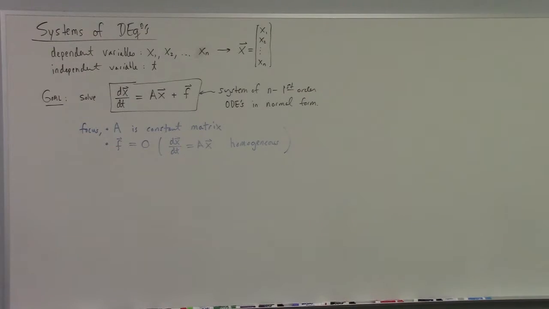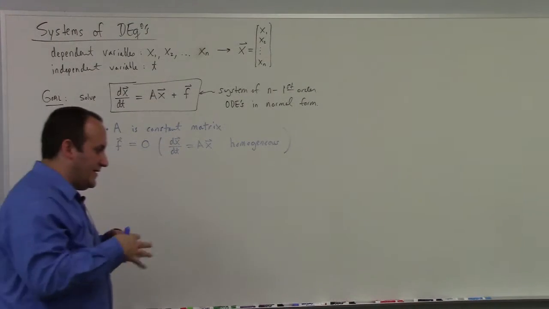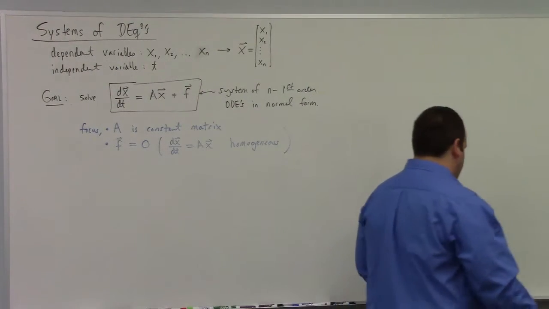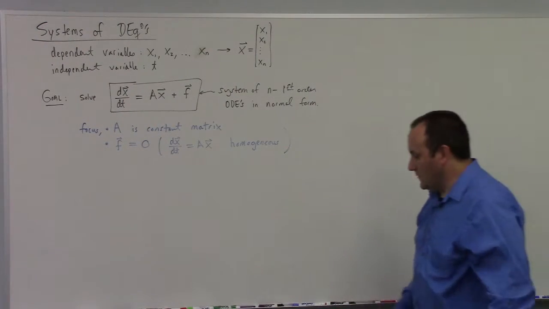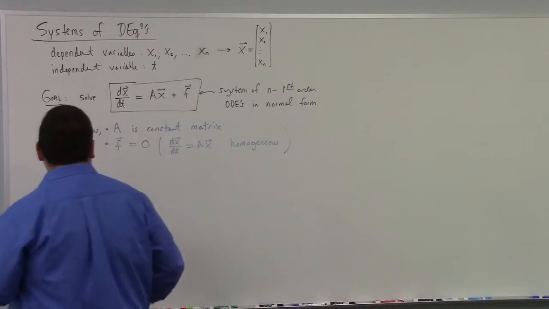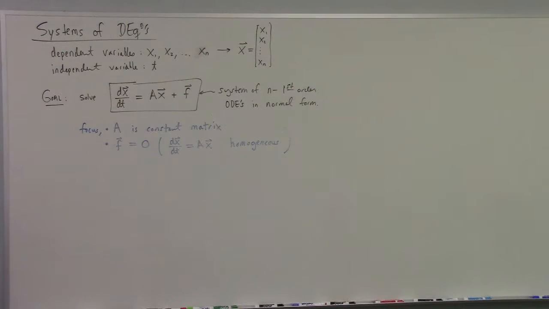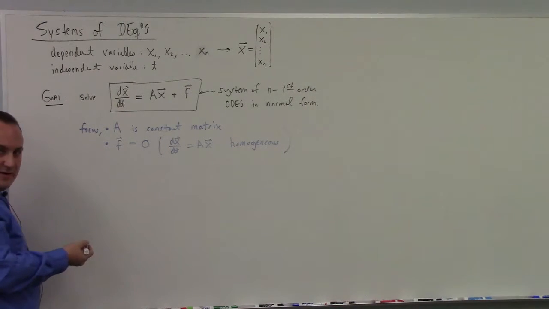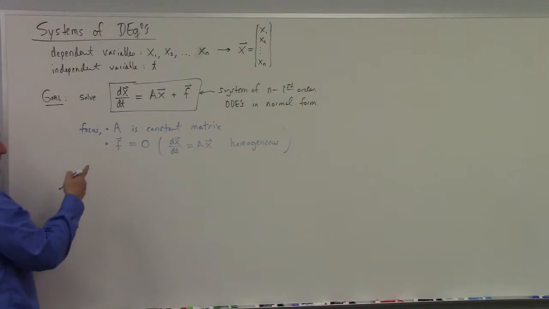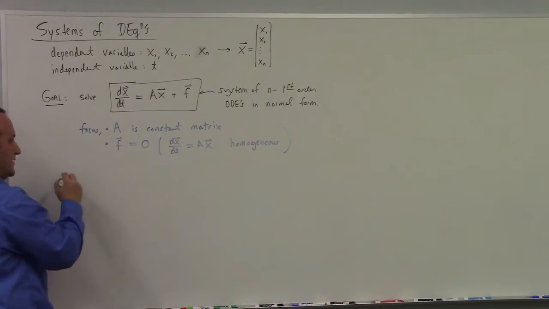So I need to define some concepts here. I want to give you a theoretical overview. I'll try to keep it as brief as I can, but I do want to explain to you sort of the big picture of what we're doing. I've got to talk about linear independence again a little bit. First of all, a couple of things we need to notice.